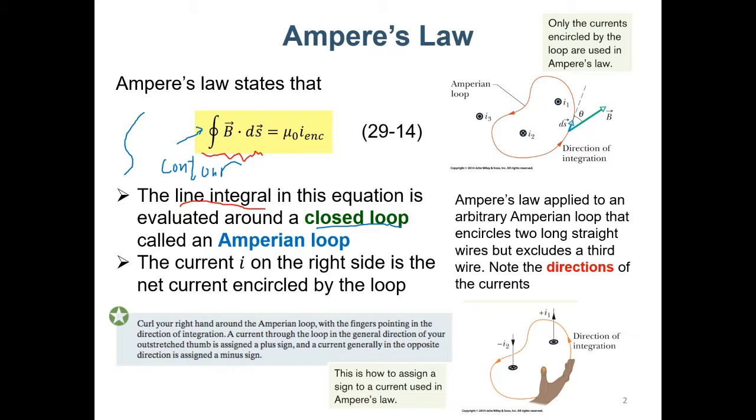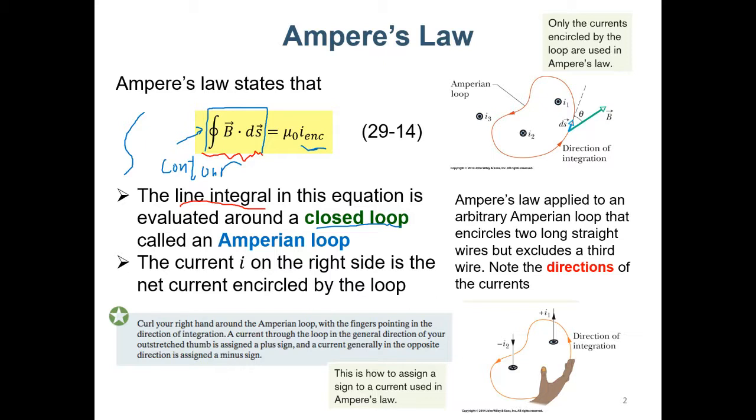So for Ampere's law, we can say that B is the magnetic field, and for an Ampere loop, shown here as an orange line, the line integral over this contour equals mu0 times I enclosed.